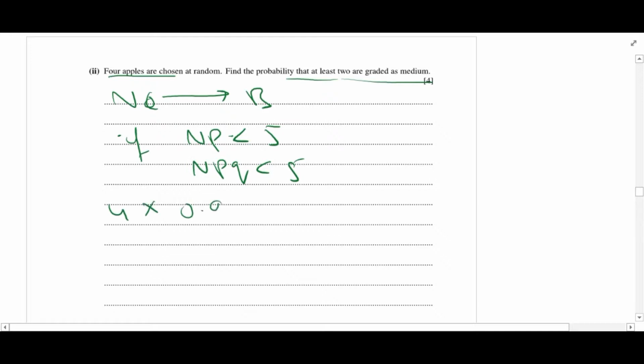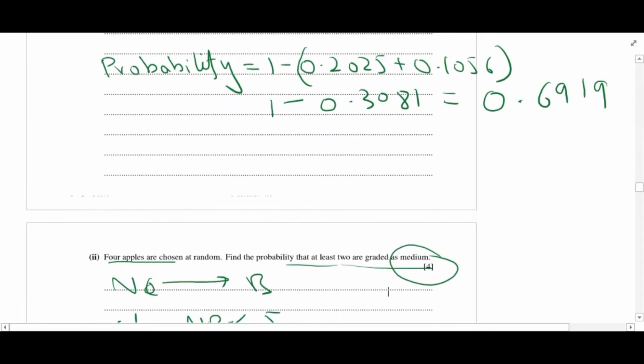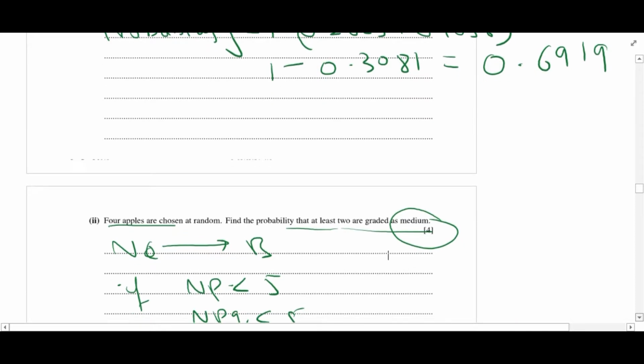Since n is 4 times p, which is 0.6919, because our required region is the medium one.